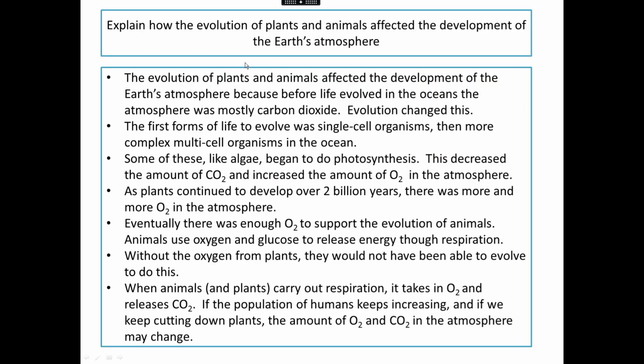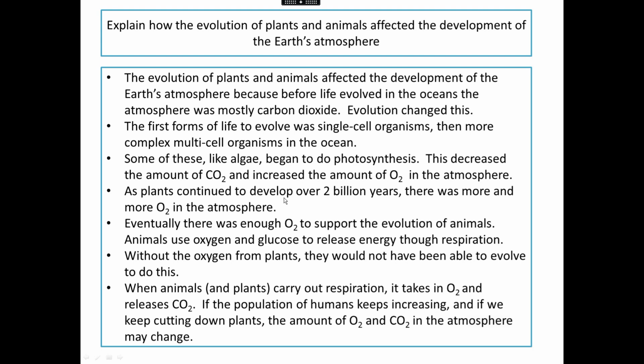Right. Evolution of plants and animals affected the atmosphere because life evolved in the oceans, and before that, the atmosphere was mostly carbon dioxide. Evolution changed this because when algae evolved, they began to do photosynthesis. This decreased the amount of carbon dioxide and increased the amount of oxygen. There would have been no oxygen without algae in the oceans doing photosynthesis.